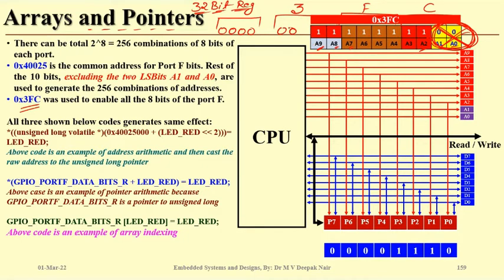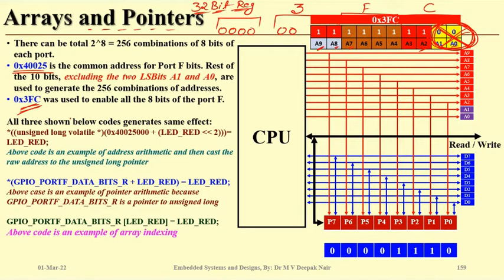So rest, if you put 1 1 1 1, this is the maximum address. So 0 0 1 1 is 3. Then you have 1 1 1 1 F, and then you have 1 1 0 0 C. So 3FC is the offset, okay, which you can use to generate different combinations at port F.